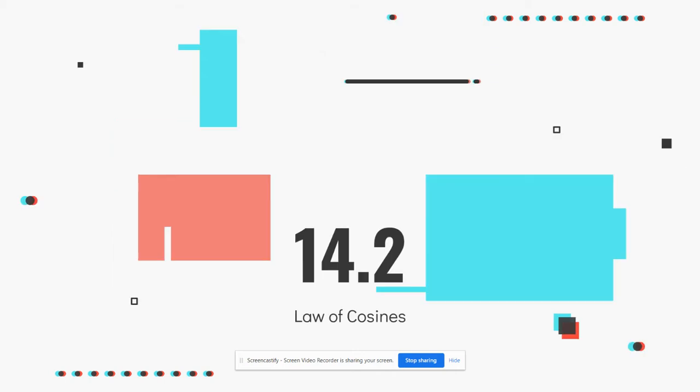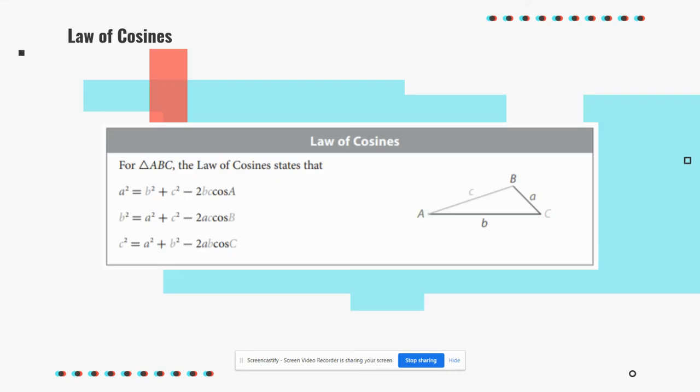All right, 14.2. Yesterday, you guys learned law of sines, so today you're going to learn law of cosines. Law of cosines basically comes from Pythagorean theorem a little bit. You're going to notice that it looks like Pythagorean theorem is in the problem, and then all of these are just minus 2bc cosine A, and then depending on what you need or you have, you alternate the variables.